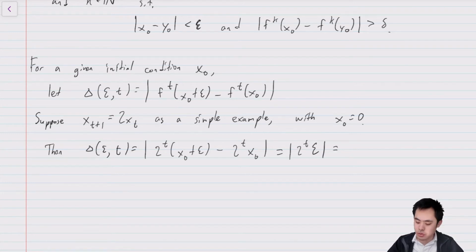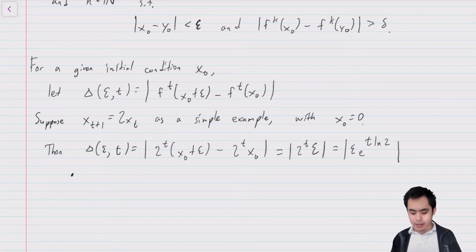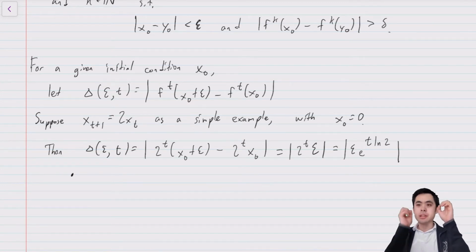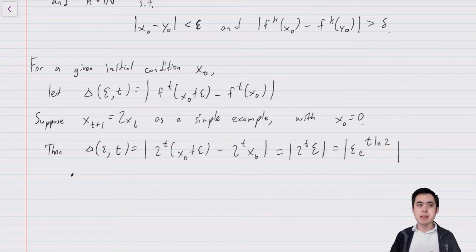We can rewrite this, and it's maybe a little odd to rewrite it this way, but it'll make our next definition make more sense: epsilon times e to the t times the natural log of 2. This is the dependence on epsilon and t for this very simple case where the trajectory at the point 0 stays at 0, and the trajectory at the point x naught plus epsilon diverges away exponentially quickly as t goes to infinity.